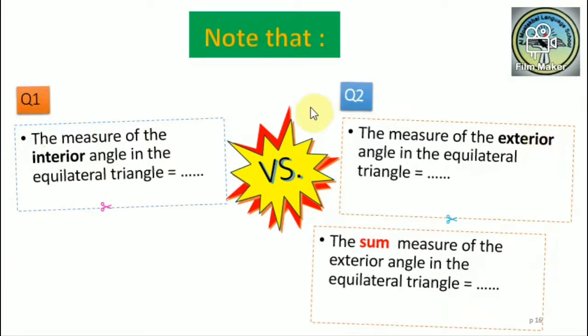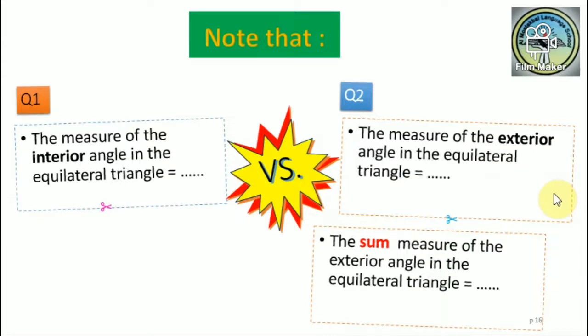Adam, the measure of the interior angle in the equilateral triangle, just one interior angle, will equal? Yes, of course, 60 degrees as we said before. But the measure of the exterior angle in the equilateral triangle, Mahmoud, it will be? Of course, 120 degrees.